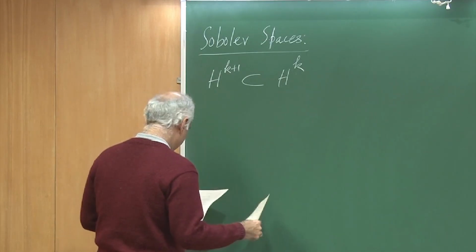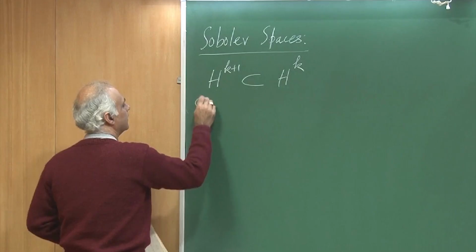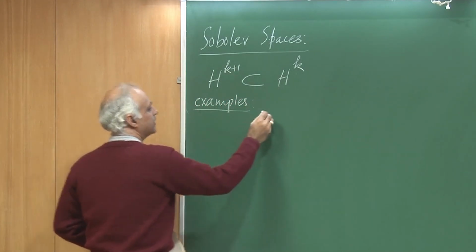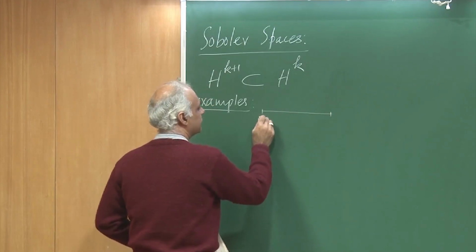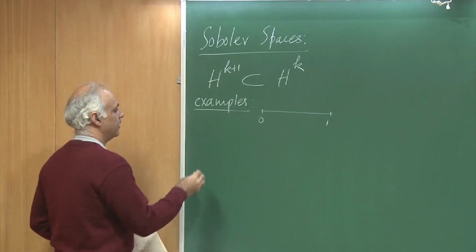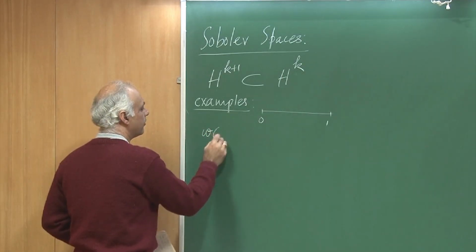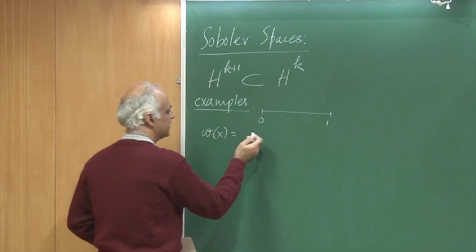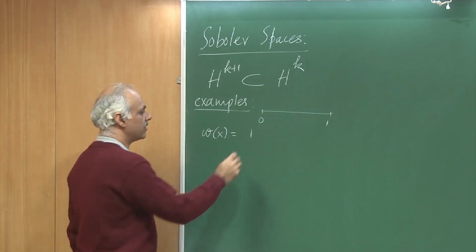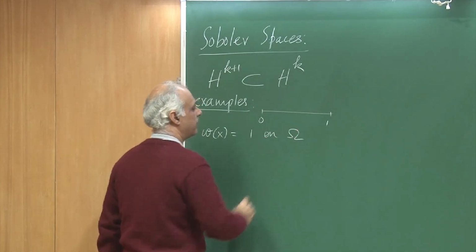Let's look at some examples. Again, for simplicity, I will consider a domain between 0 and 1. Let us look at a function w of x which is, let us say, simply 1 on omega.